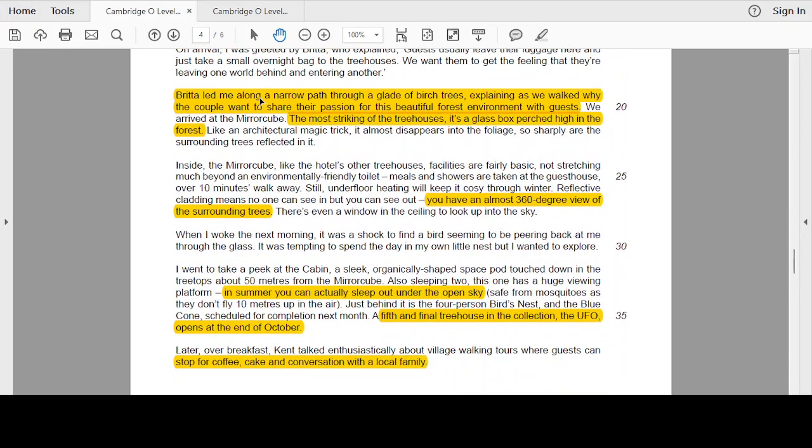All right, now these two lines. Britta led me along a narrow path through a glade of birch trees, explaining as we walked why the couple want to share their passion for this beautiful forest environment with guests. What is the point of appeal over here for guests? They're explaining why they want to share their passion for the beautiful forest environment with guests.